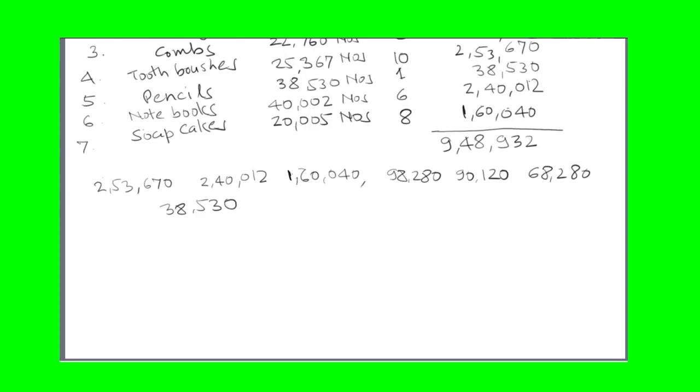The next part of the question is: find the item which brought him the highest amount. How much is that amount? Naturally, in descending order, the first is the item which brings the highest amount.